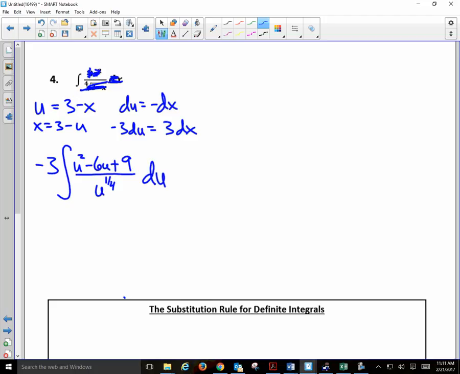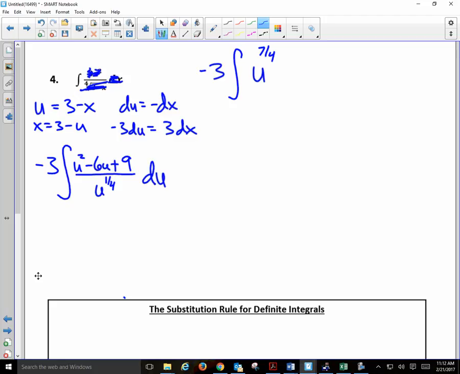Now, even though we have this antiderivative, and technically you know how to do it because we've done it before, you may have forgotten, but if I'm dividing by one term, I should just divide everything through by that term. So this is u squared, which is u to the 8/4. So it would be -3 times the integral of u to the 8/4 over u to the 1/4, which is u to the 7/4.